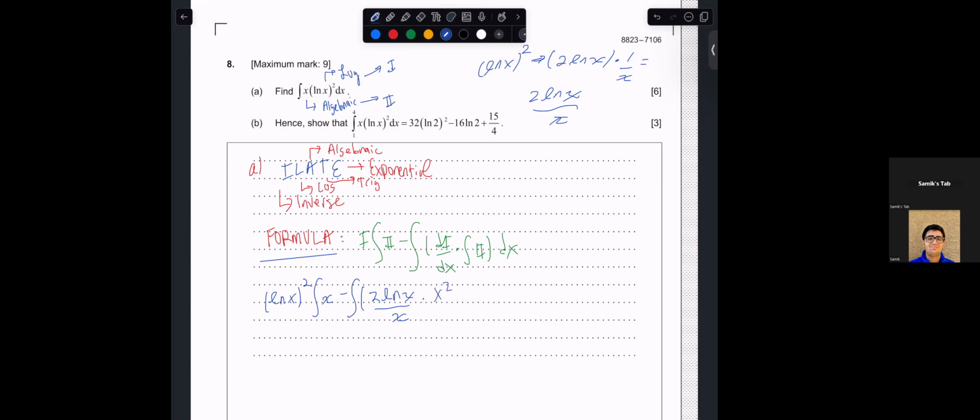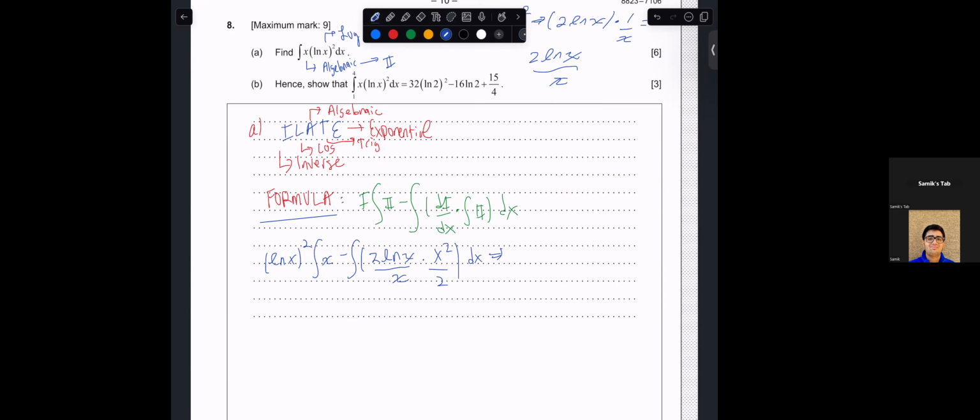So x squared upon 2 dx. Now what do we do? We have (ln x) whole square times x squared upon 2 from integrating this. Then we have the integration of 2 and 2 will cancel, and x will be left on the top.